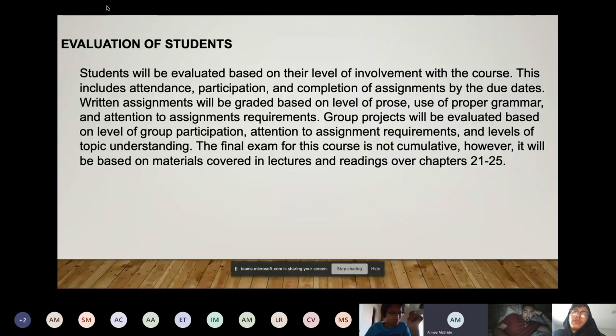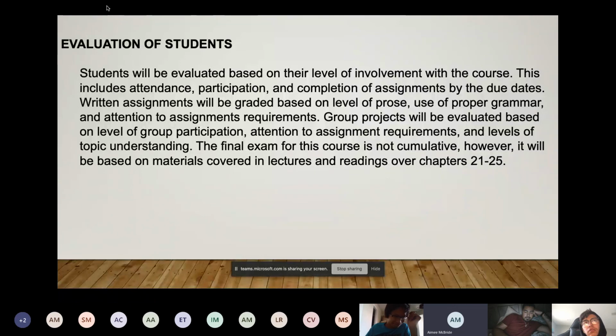Written assignments will be graded based on the level of prose, use of proper grammar, and attention to the assignment's requirements. So like I mentioned earlier, if you're not that strong of a writer, at least have me proofread it. I would prefer if you had an appointment with the writing lab, because they're even better than I am. I get tired sometimes, although I'm not too tired this week.